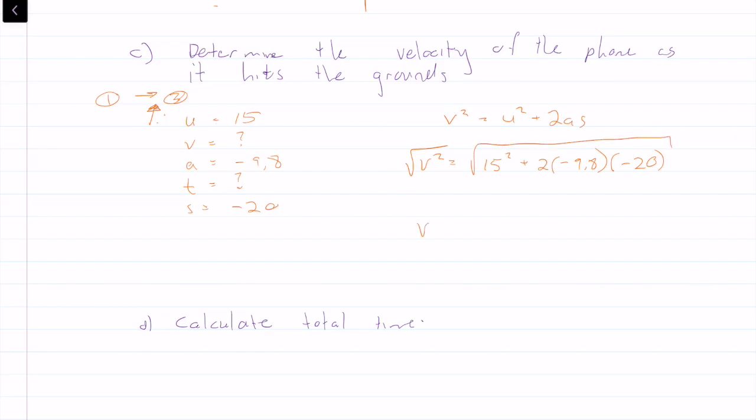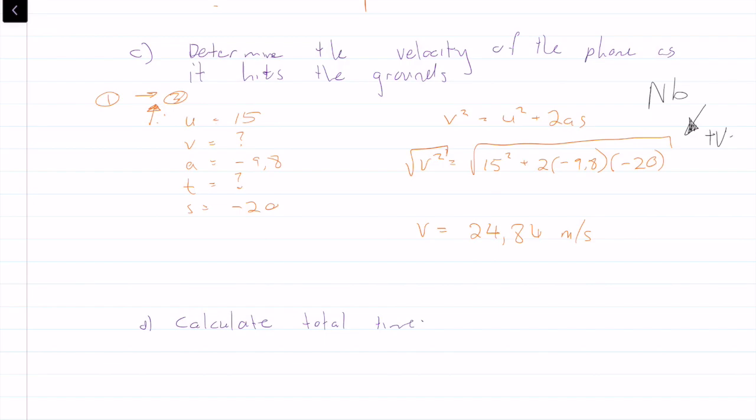So if I plug this into my calculator, I get v as equaling the square root of 15 squared plus 2 times 9.8 times 20, and I come out with an answer of 24.94 meters per second.